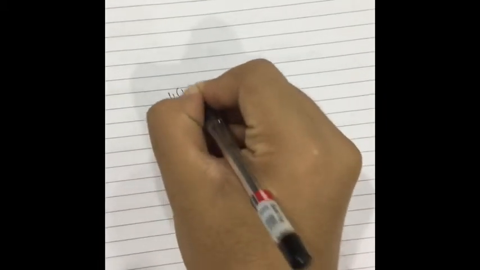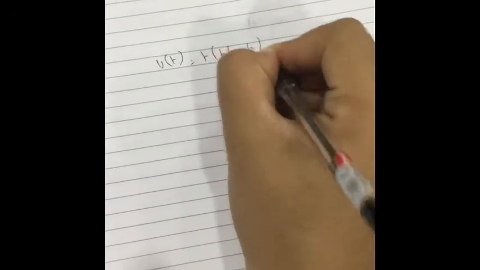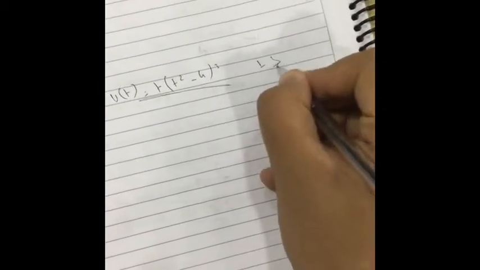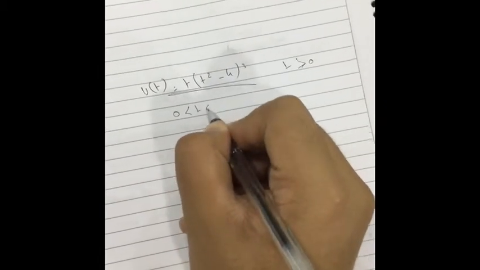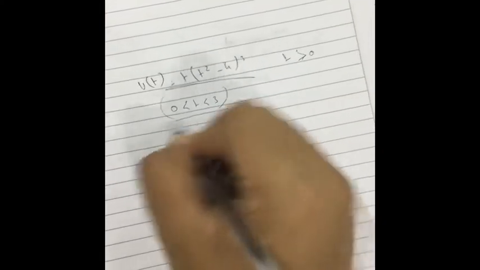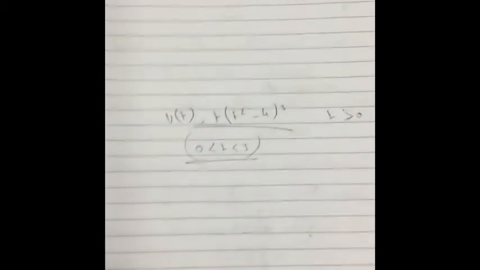We have a question that gives us an equation of velocity, v(t) equals t squared minus 4 cubed, on the interval t from 0 to 3. The question is on the displacement from 0 to 3.